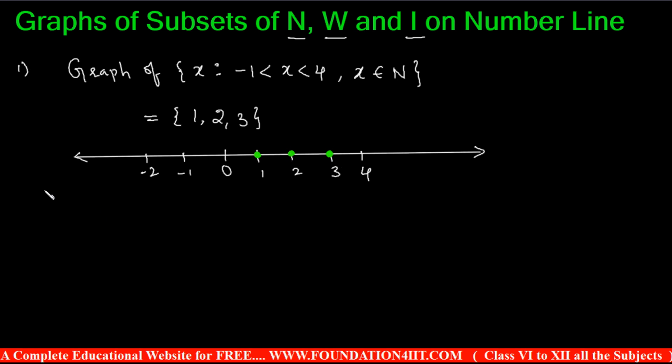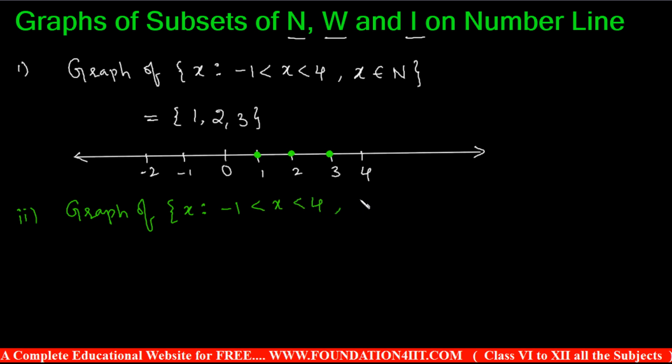Let us see one more, the second one, with whole numbers. Graph of x such that the condition is -1 less than x less than 4.